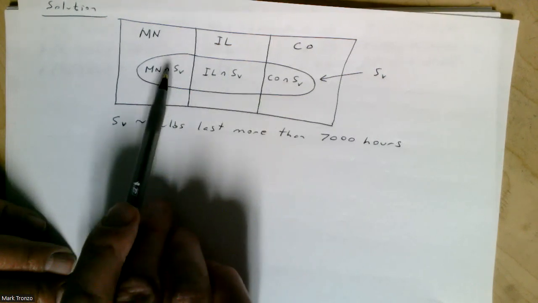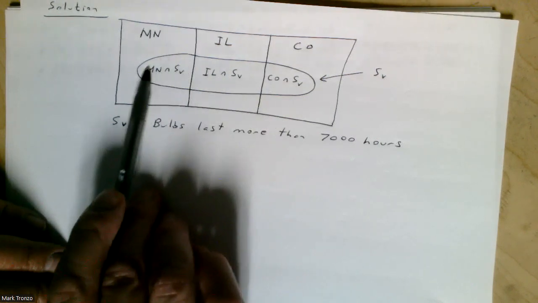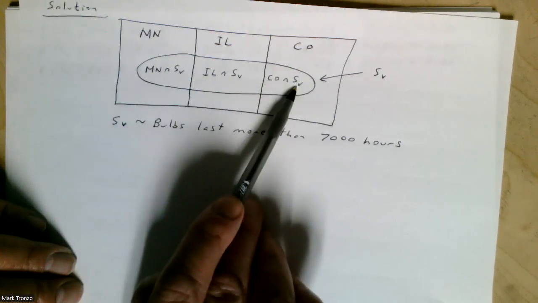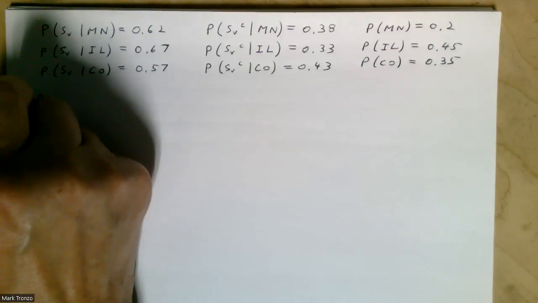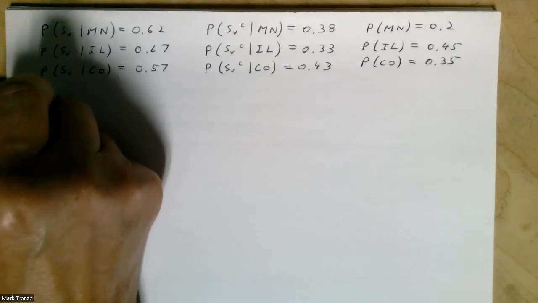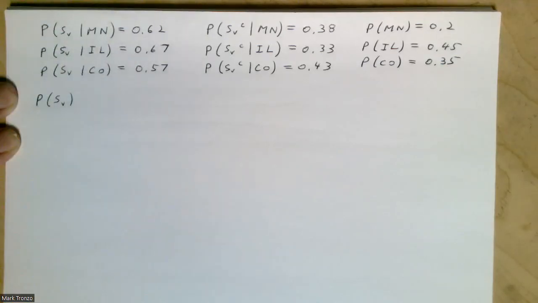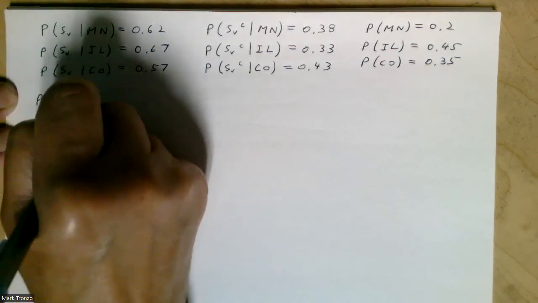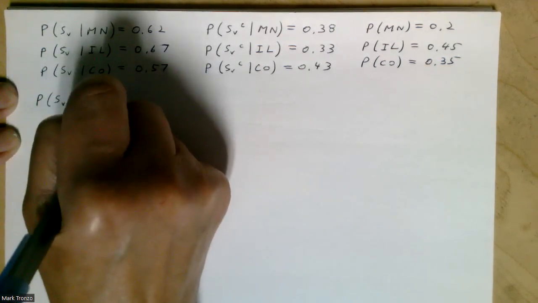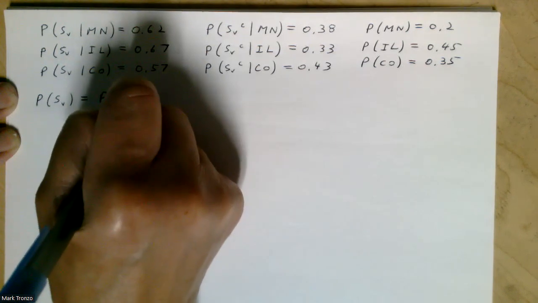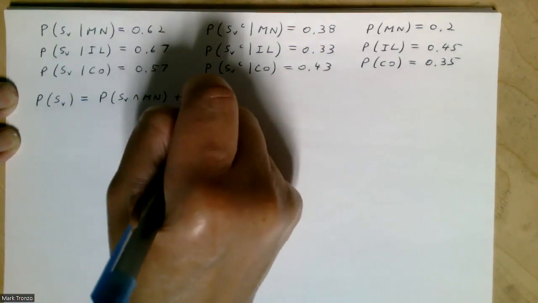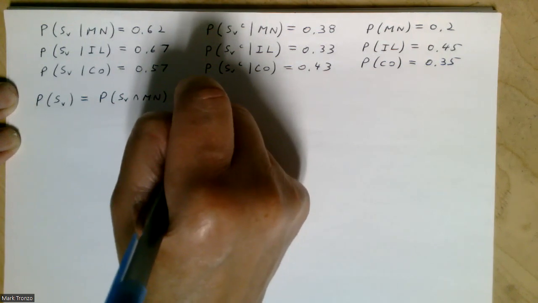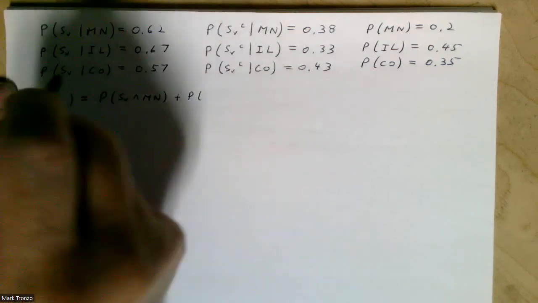And again, since remember this event and this event are all mutually exclusive, we can just use the addition of those. Probability that a bulb is going to last 7,000 hours is going to be probability of SV intersect Minnesota plus probability of, messed that up, didn't I?